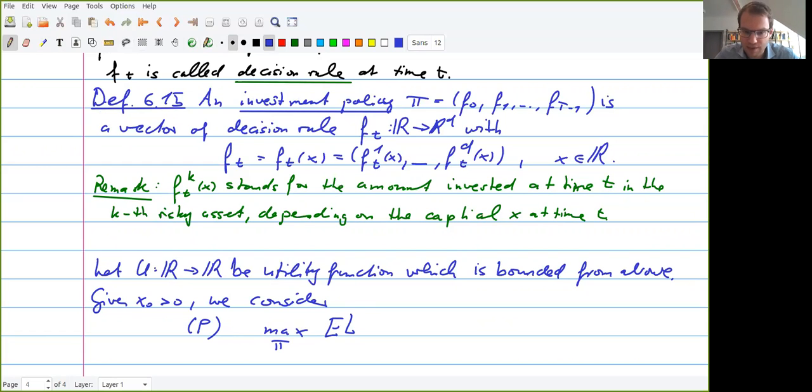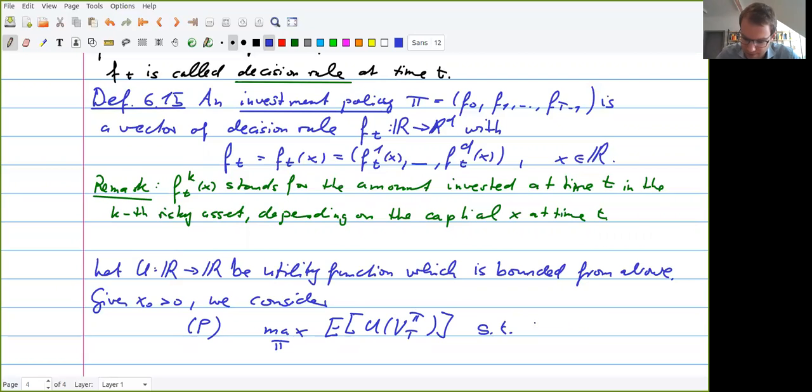I want to maximize U over the terminal values, which I get from trading with respect to this investment policy.